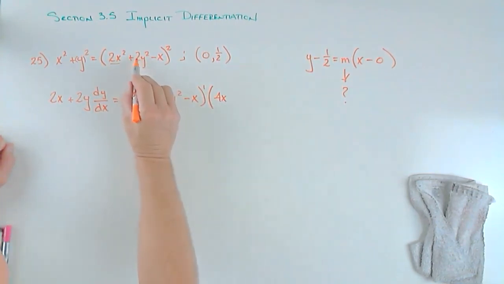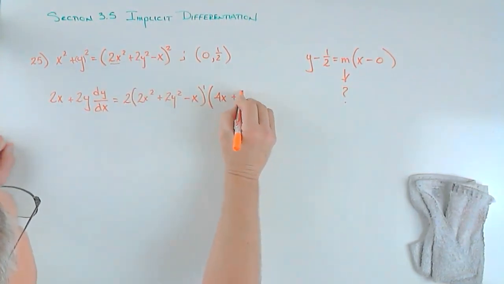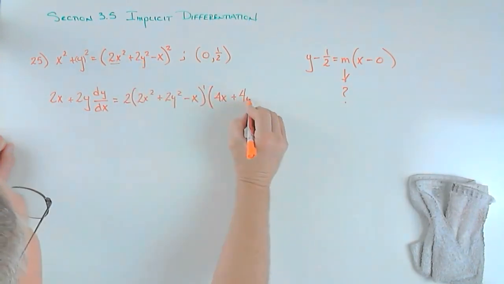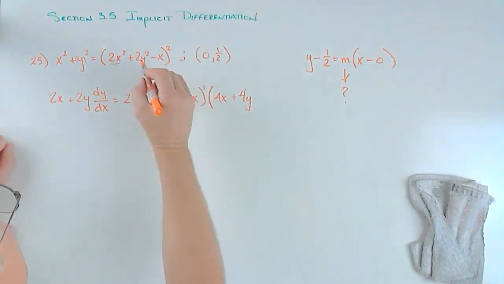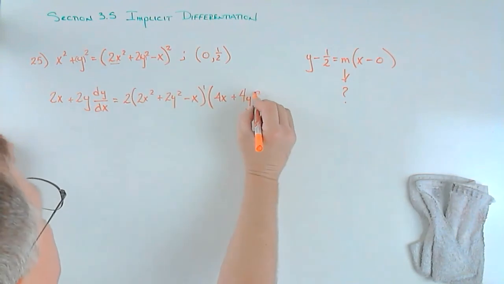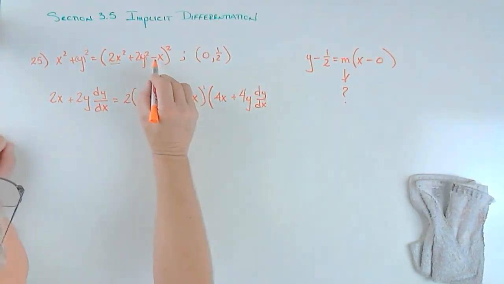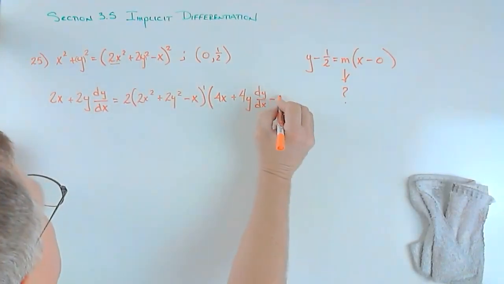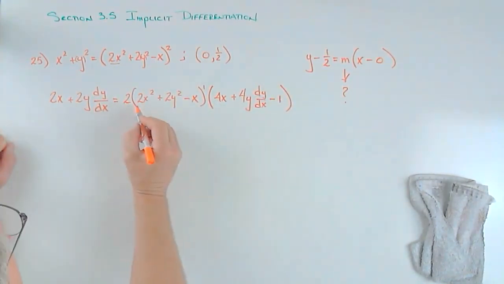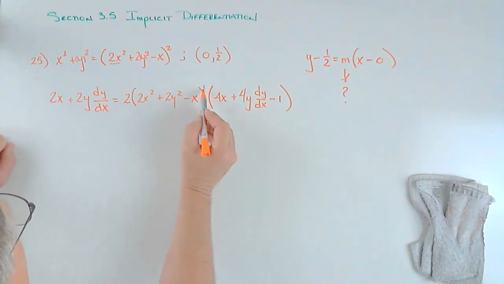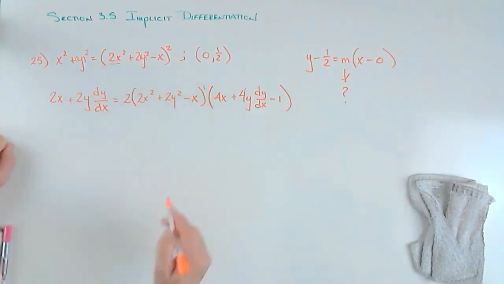The derivative of 2y squared is going to be 4, right? We bring down the 2, y to the first, but then we have to take the derivative of y, and we get dy/dx. The derivative of minus x is going to be minus 1. So we did the chain rule, we brought down the 2, subtracted 1, and then we took the derivative of what's inside.